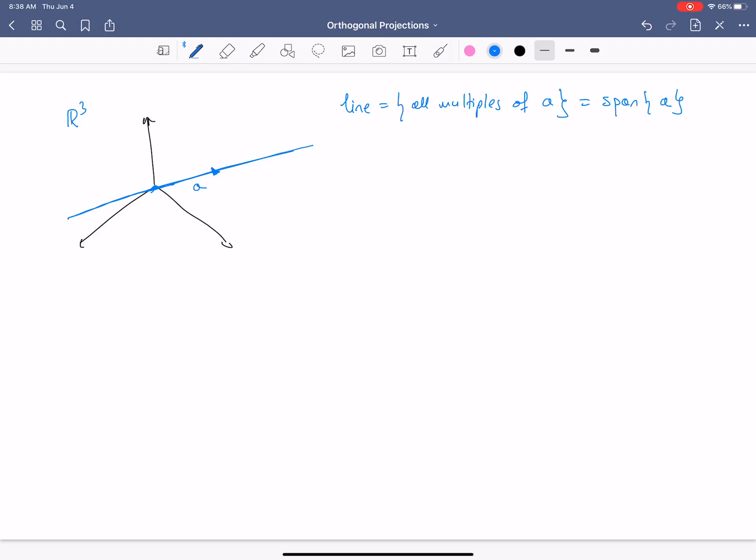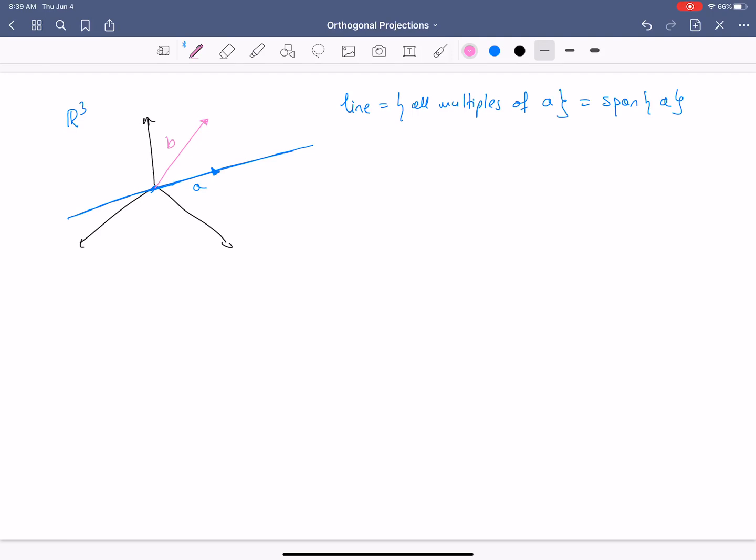Okay, now let's say I take another vector in 3-space which is not on the line. I will call that vector B. B is not on the line.